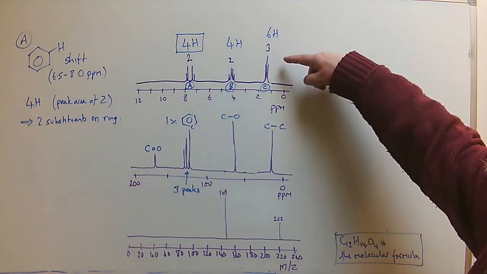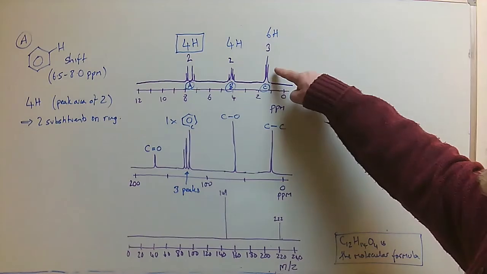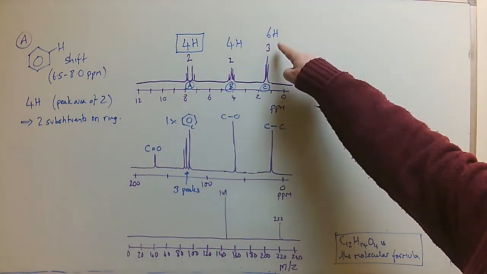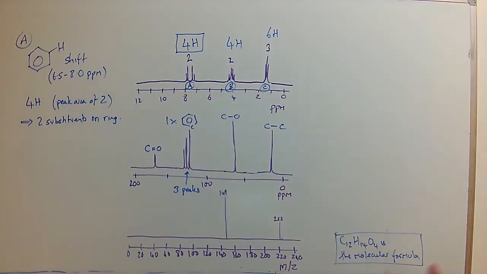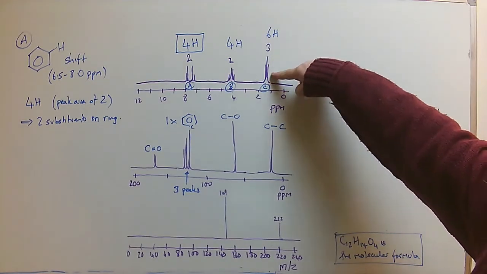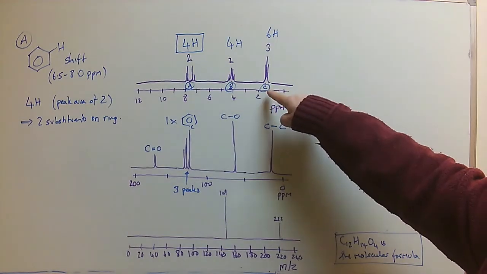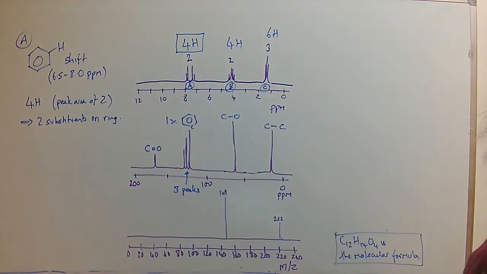Now this pattern that we see with peaks B and C is one you've seen many times now, that you have a triplet and a quartet splitting each other with relative areas of 3 to 2, and you've seen that lots of times because that's what you get for an ethyl group, because you get CH3 next to CH2, so the relative area is 3 to 2, and the splittings, that's a triplet because it's next to the CH2, that's a quartet because it's next to the CH3.